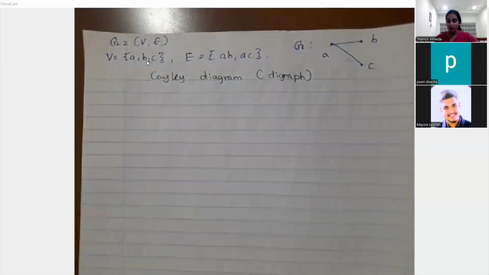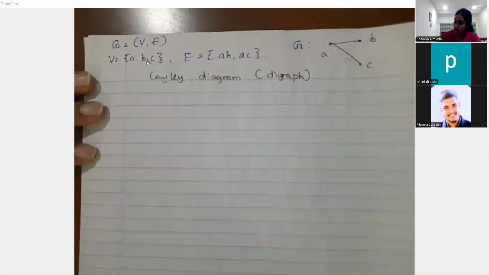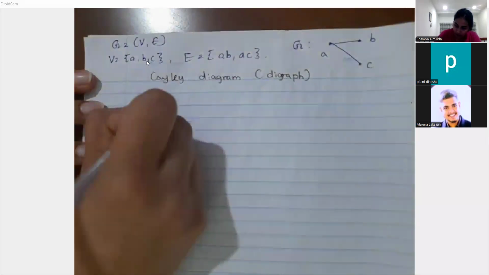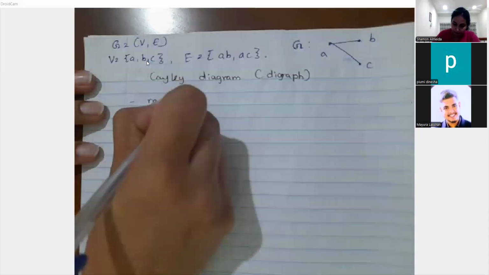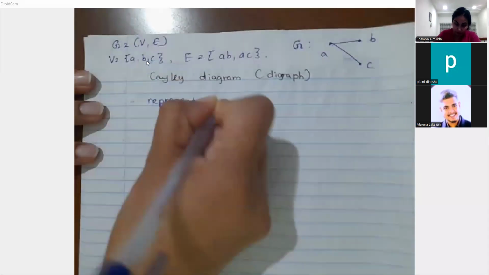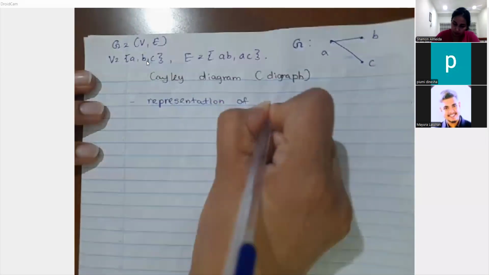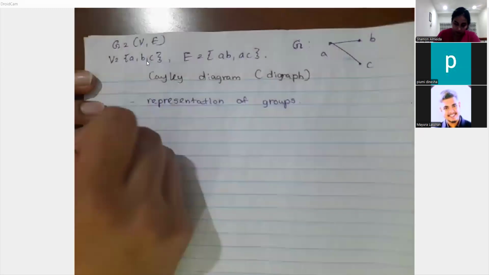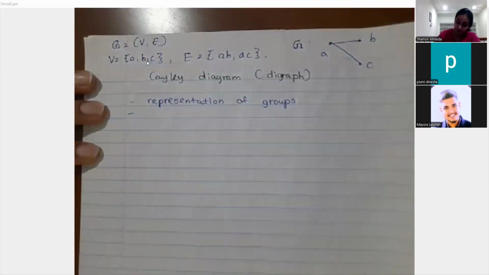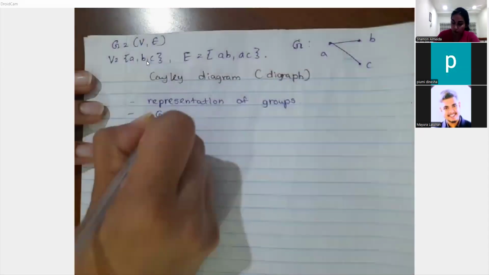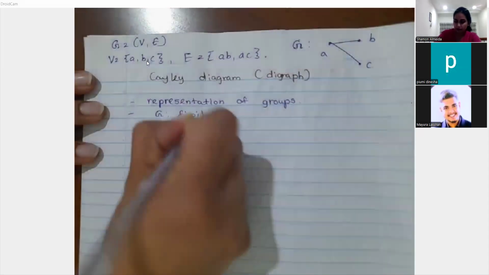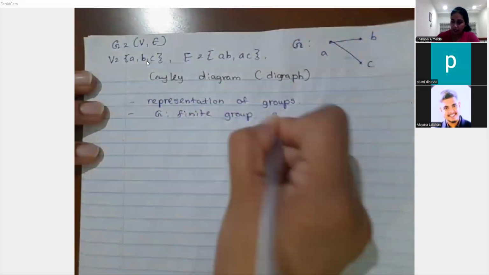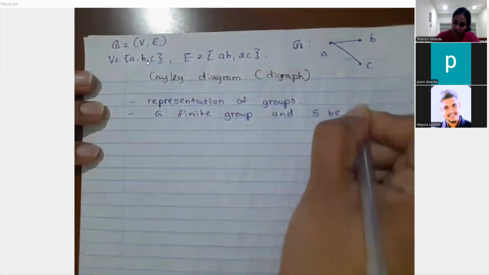So this is the sort of representation that we are going to build for our group. Okay, so let me first write. It's a representation of groups. Let G be a finite group, and S be a generating set.